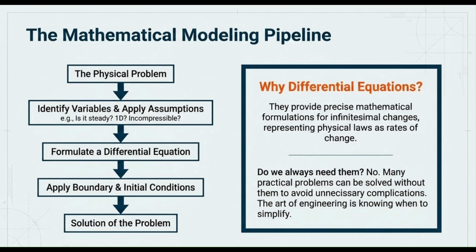Those are the questions we will ask ourselves and try to classify accordingly. After that, we formulate the governing equation, often using conservation of mass, momentum, or energy. Then we apply boundary and initial conditions. These conditions connect the mathematics to the actual physical situation. Finally, we solve the problem and interpret the results.